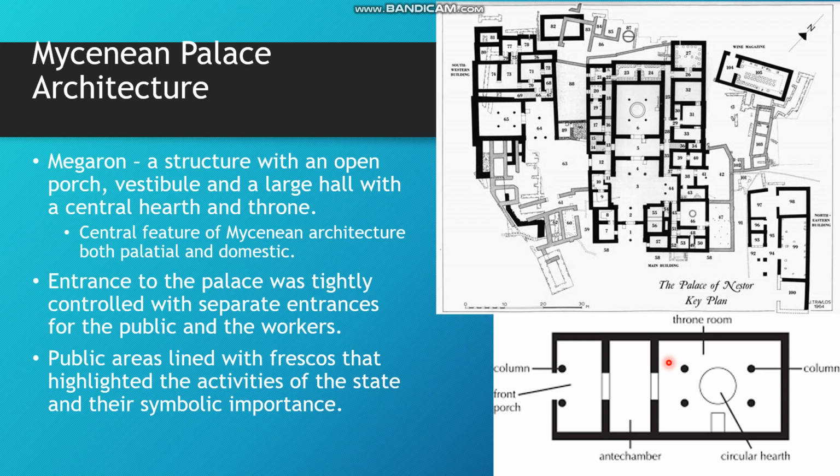Right? And so the public areas are lined with these frescoes that highlight the activities of the state and their symbolic importance. That is, it is a symbolic representation, a reinforcing of what's going on within the palace complex. And it's to reconstruct that identity, right? We can think back to the Neo-Assyrian palaces and those images of warfare in Ashurbanipal's and Sennacherib's palaces, right?